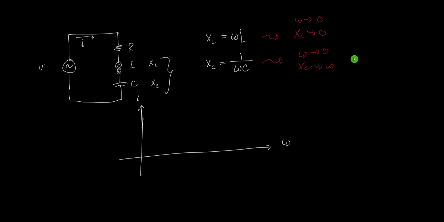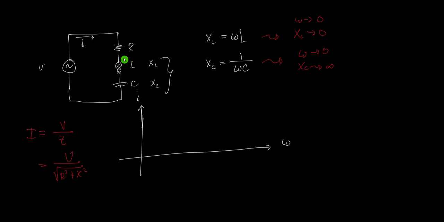So what does it mean when our XC approaches infinity? This is a reactance. It's equivalent to resistance. So if that happens, then it's a very large quantity. So remember, our current is equal to the voltage over Z, where Z is equal to the square root of R squared plus X squared.